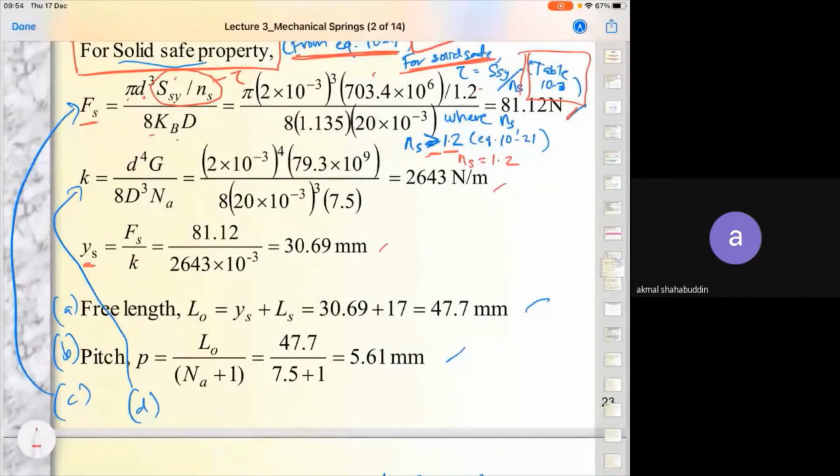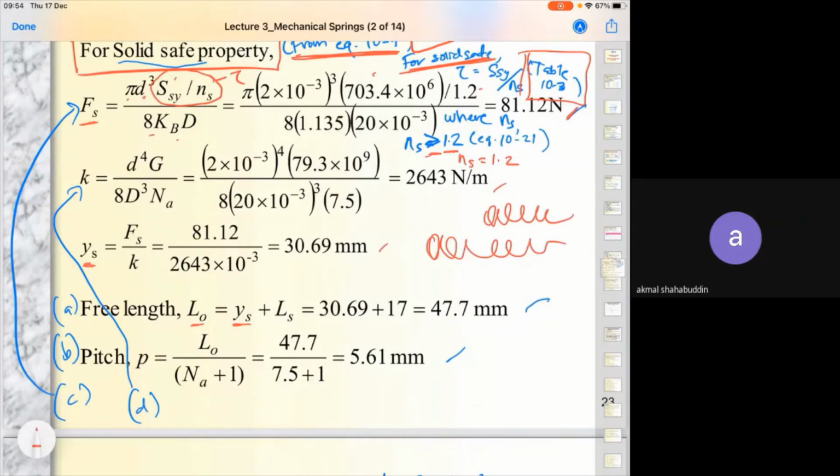And then baru kita boleh masuk spesifik. Dia tanya kita free length, allowable ataupun solid safe free length. So free length LO equal to, YS ni apa tadi tuan-tuan? YS ni adalah deflection, dia boleh deflect berapa mm bila kita tekan dia daripada yang asal kepada yang baru.